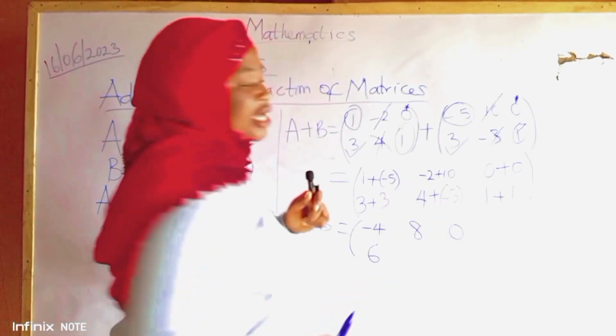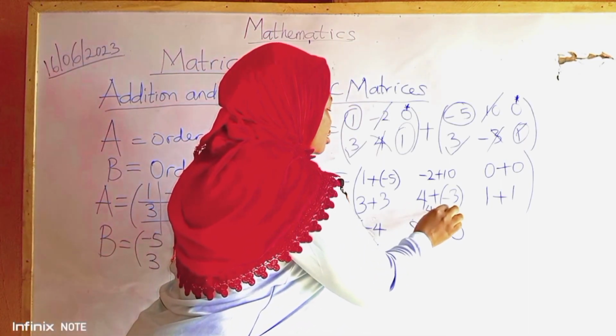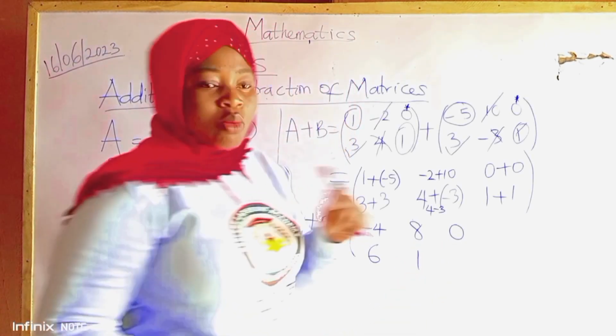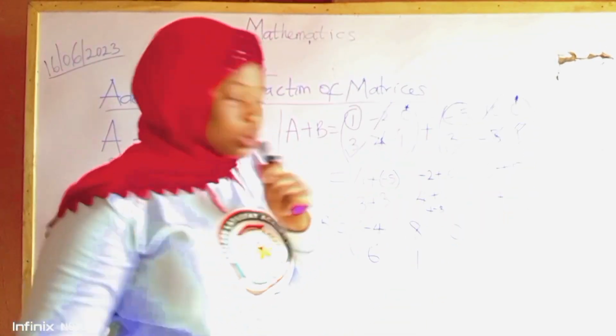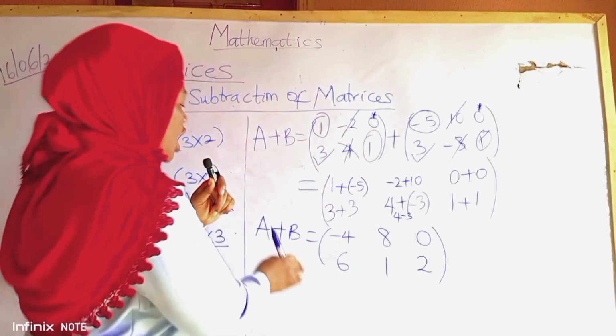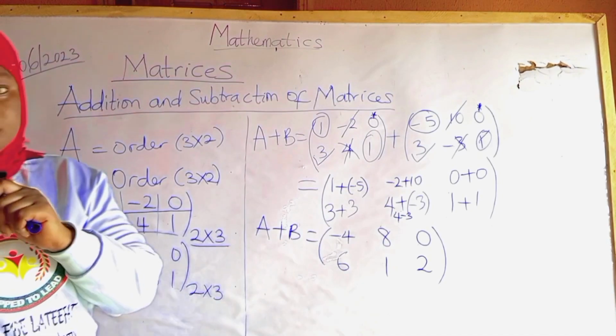Plus multiplied by minus gives minus, so this gives 4 minus 3. What is 4 minus 3? 1. What is 1 plus 1? 2. So we have performed the addition on these two matrices now.